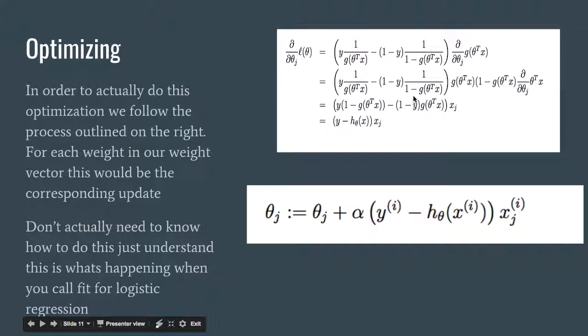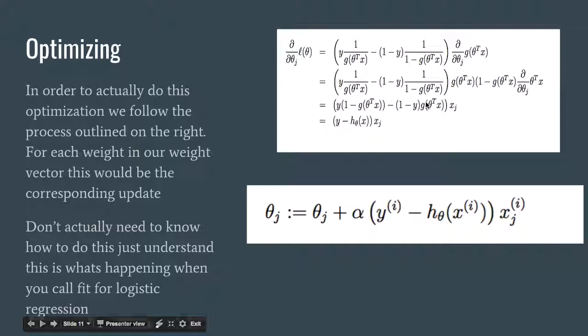So essentially, when we take the derivative, we have y times (1 minus our sigmoid function) minus (1 minus y) times the sigmoid, taking the derivative with respect to theta j.